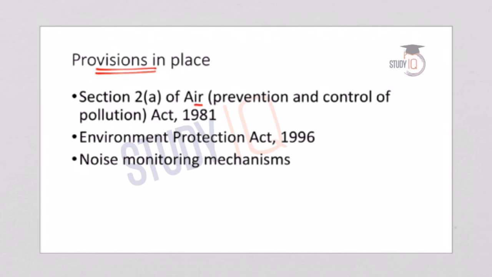Now coming to Air Prevention and Control of Pollution Act of 1981. The section 2 of this act includes noise in the definition of pollutants. So this act includes noise also in its definition for pollutants. Also the noise pollution control rules were framed in 2000 under the amended and updated Environmental Protection Act of 1986.